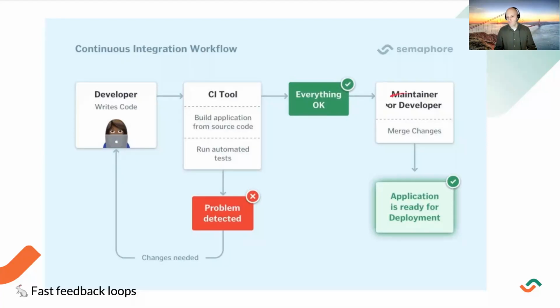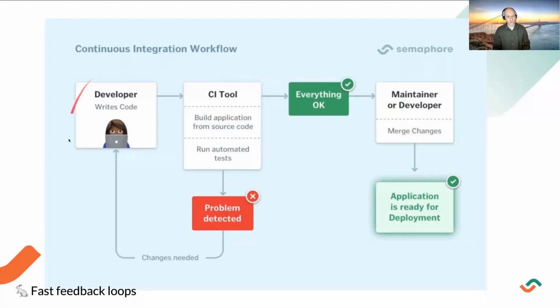And if the developer that made the change or a maintainer decides to do that, then it's merged into the main branch, which is what is being shipped in front of customers. That's a new version essentially once you merge that into the main branch, and the application is ready for deployment.